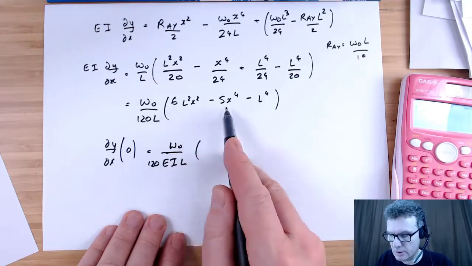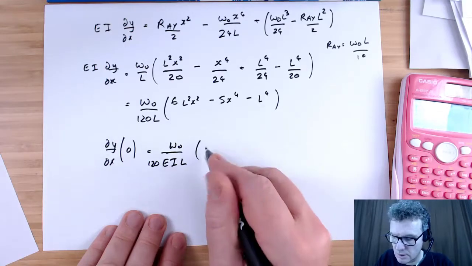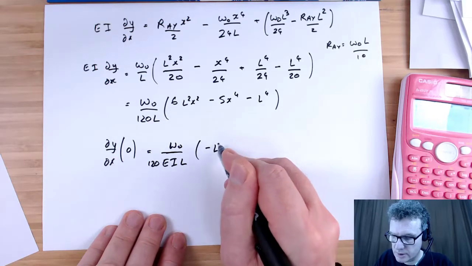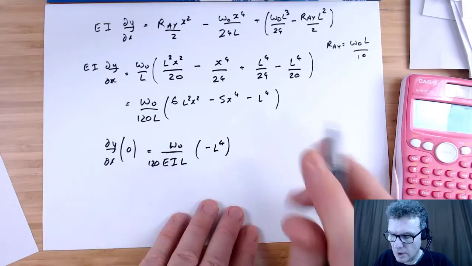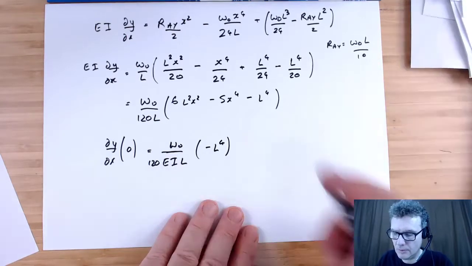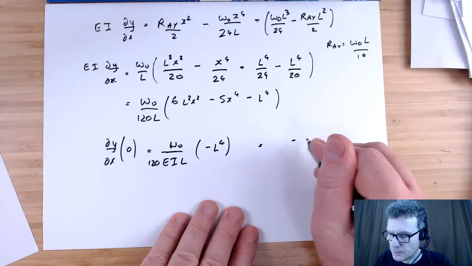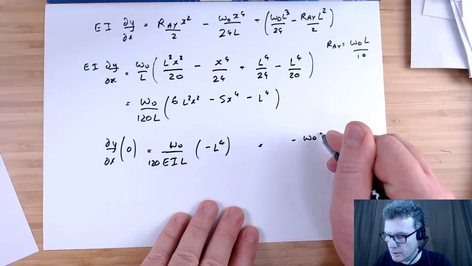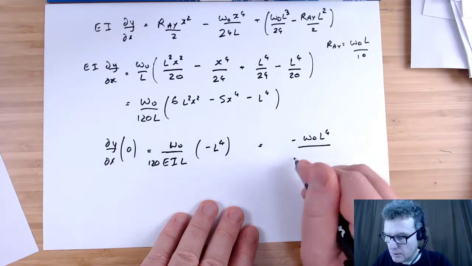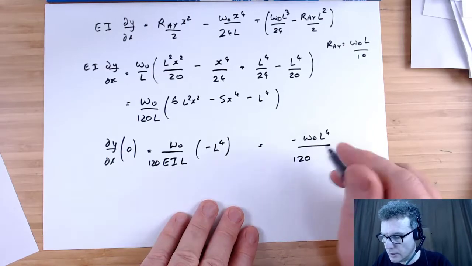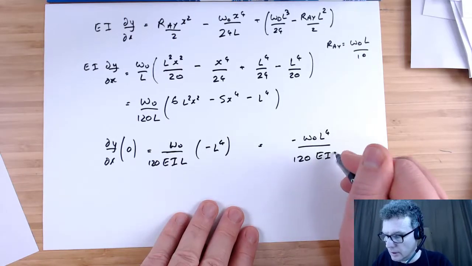Substituting x equals 0, it leaves us with minus L to the power of 4. So that's my answer. Minus W0 L to the power of 4 over 120 EI L.